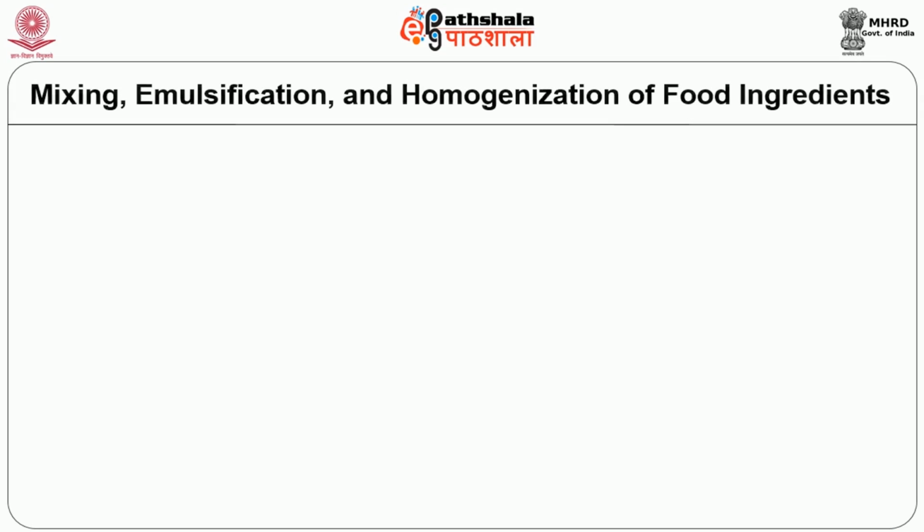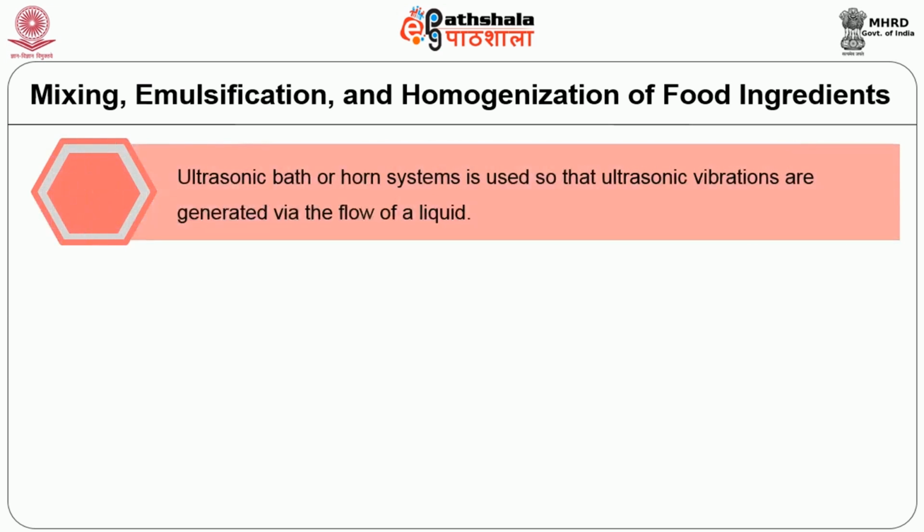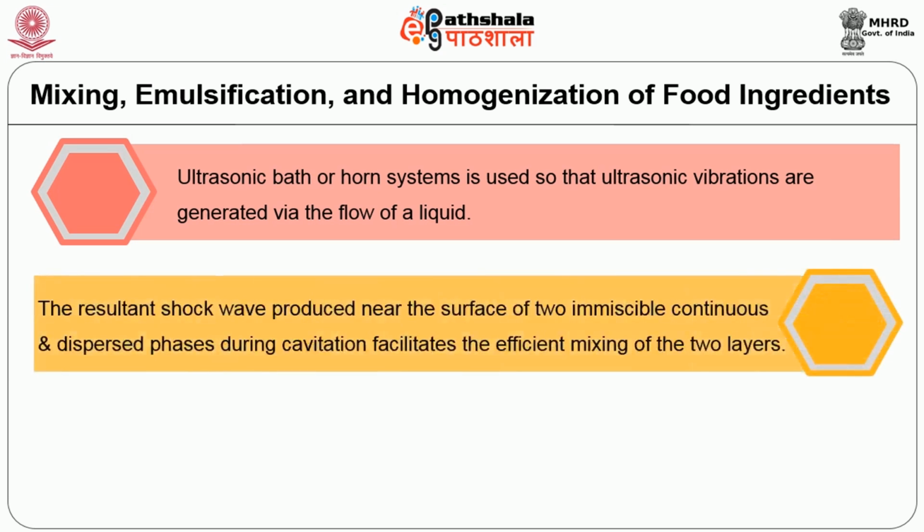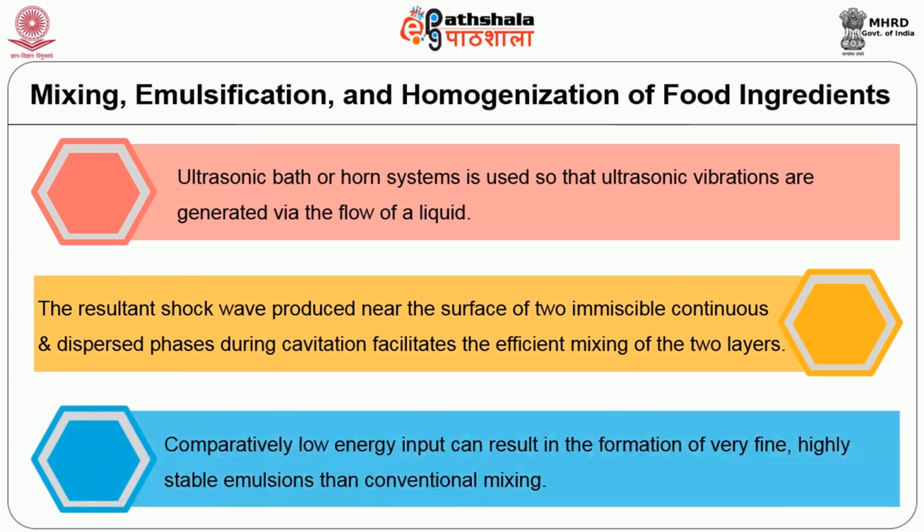Next, the use of ultrasound is during mixing, emulsification and homogenization of food ingredients. An ultrasonic bath or horn system is used so that ultrasonic vibrations are generated via the flow of a liquid. The resultant shock wave produced near the surface of two immiscible continuous and dispersed phases during cavitation facilitates the efficient mixing of the two layers.